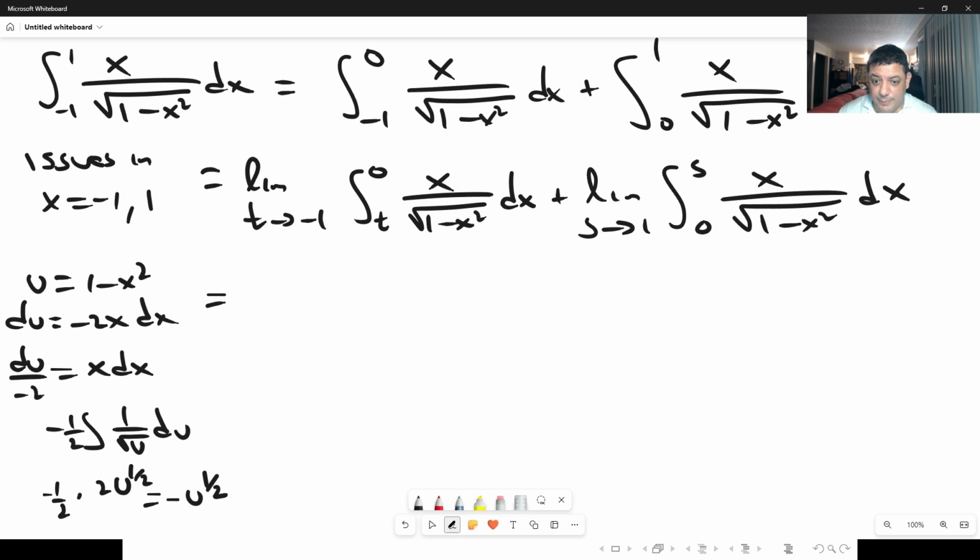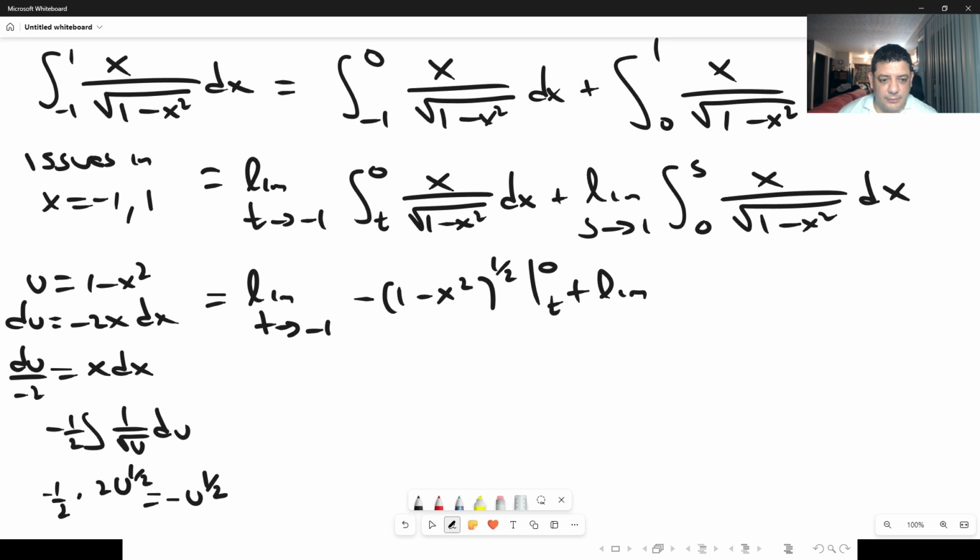So now I can come back to the limits of integration. This is the limit as t goes to minus 1, and this is going to be minus (1 minus x squared) to the 1/2 between t and 0, plus the limit as x goes to 1, the same thing, and here between 0 and x.